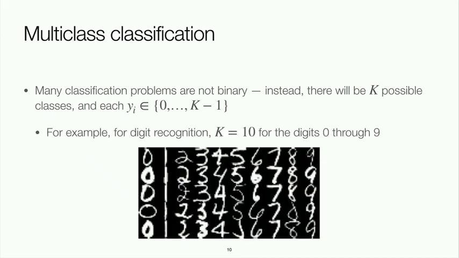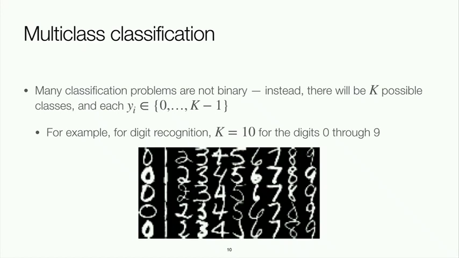For example, take the digit recognition problem, which I alluded to in the first lecture. Then k equals 10, because I have 10 different digits that I'm trying to distinguish, from 0 to 9. Here are some examples of people writing digits. For each one of these data points, we're trying to figure out what label, what class, I should assign to this handwritten digit: 0, 1, 2, 3, 4, 5, 6, 7, 8, 9.